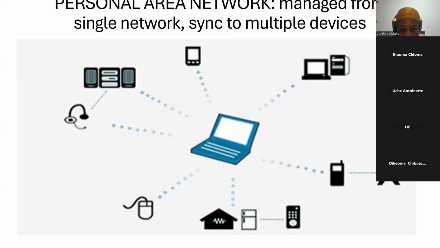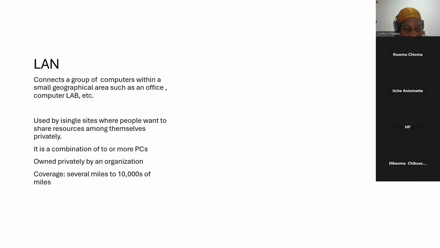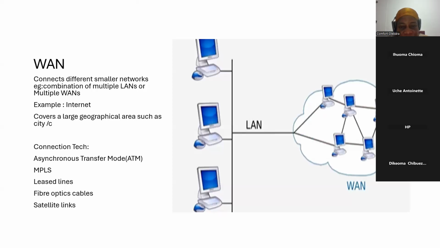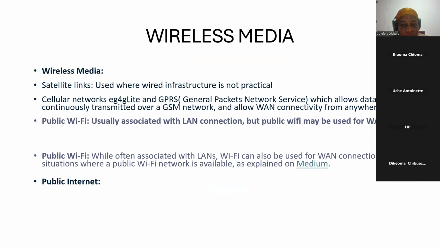Use cases include streaming video and sending files from a printer. For connection media, we have leased lines, whether wired or wireless, point-to-point connections. For wireless media, we have satellite, used where wired infrastructure is not practical, and so on.